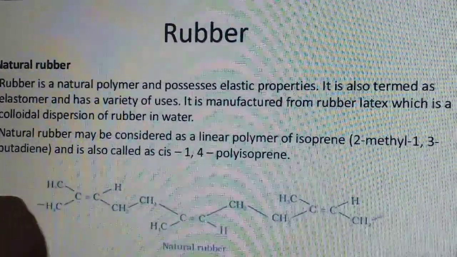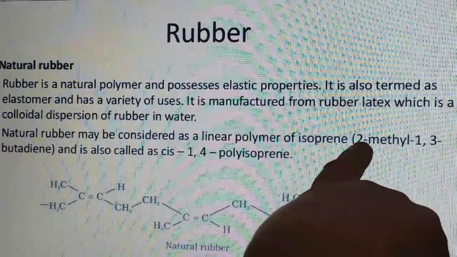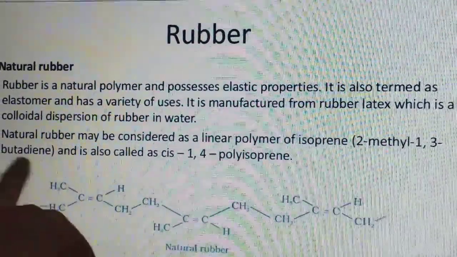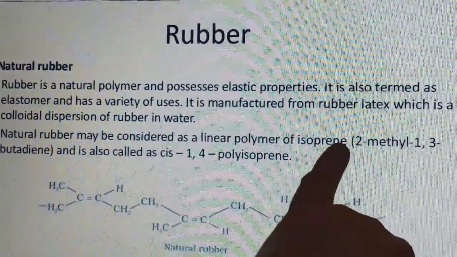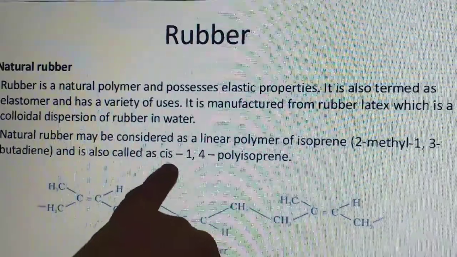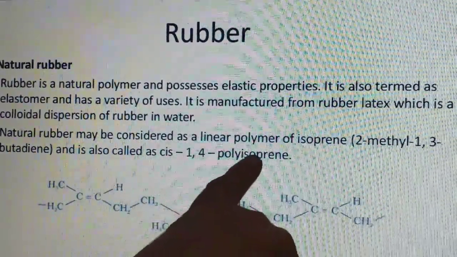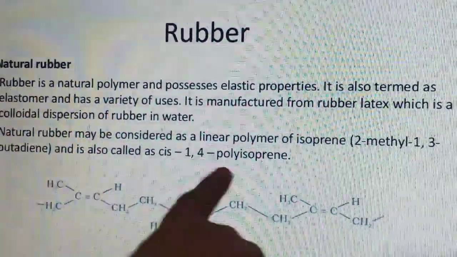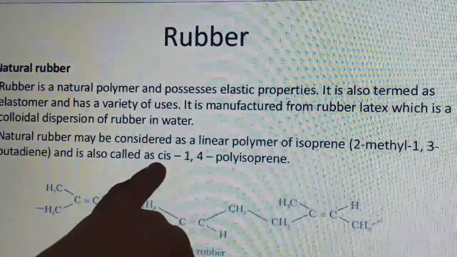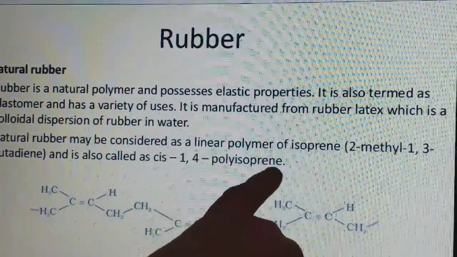2-methyl-1,3-butadiene. You write what is butadiene; in that second position, one methyl group is there. It is called 2-methyl-1,3-butadiene. So isoprene is a monomer and it is also called cis 1,4 polyisoprene. So the natural rubber is a polymer of isoprene units and the polymer we call cis 1,4 polyisoprene.